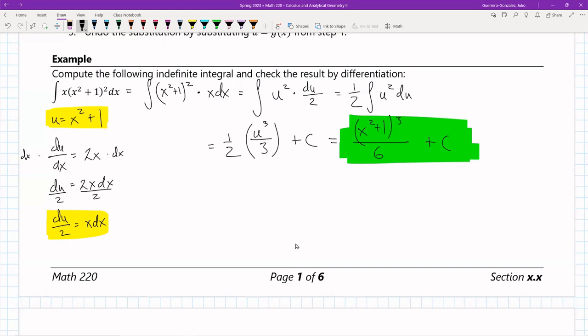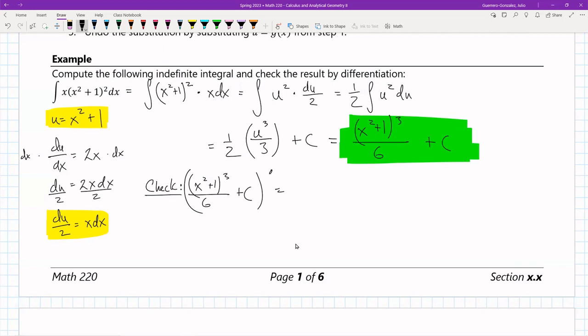So x squared plus 1 cubed, I'm going to put a check here, over 6, plus c, I want to take the derivative of this. Okay. The derivative of a constant is 0, so that c ends up going away. So all I'm going to be left with is the derivative of this thing, the x squared plus 1 quantity cubed divided by 6. That's what I'm going to be left with to differentiate.